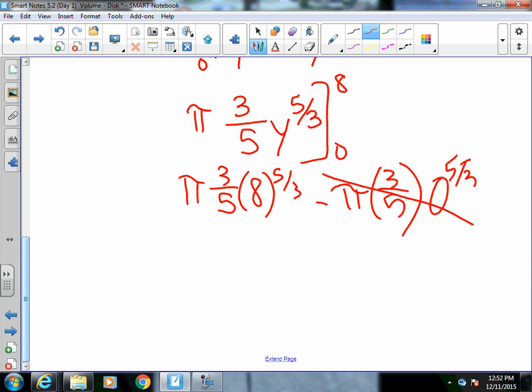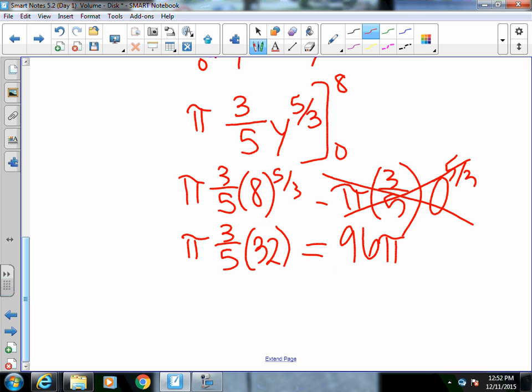This whole term is 0. 0 to anything is 0, times anything is 0. But for this one, pi 3/5, if we cube root 8, because 5/3 power means to the 5th power and cube rooted, but we may do that in either order. So if we cube root, we get 2 to the 5th. Well, 2 to the 5th is 32, which means we end up with 96 at the top. The pi can go to the top, and the bottom is 5. So 96 pi over 5.